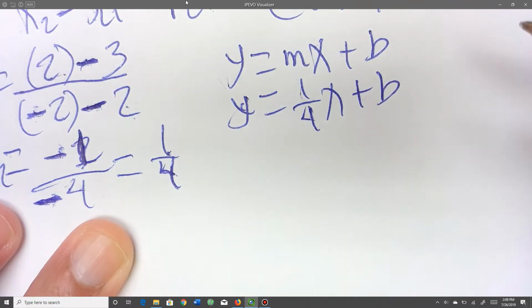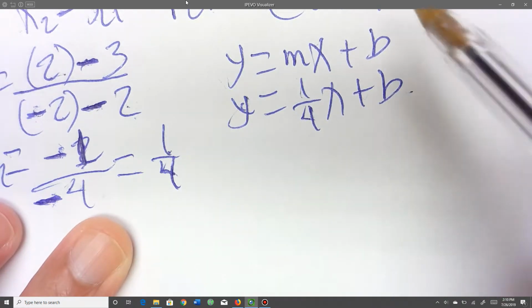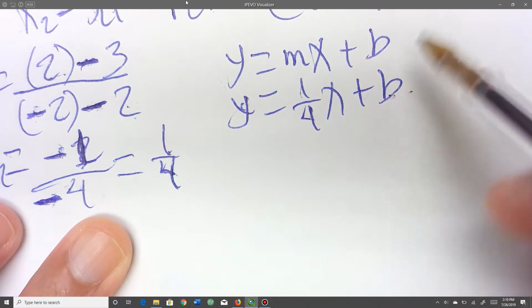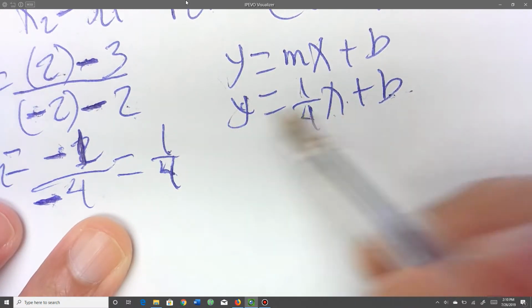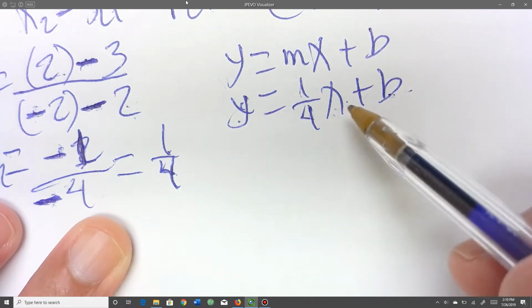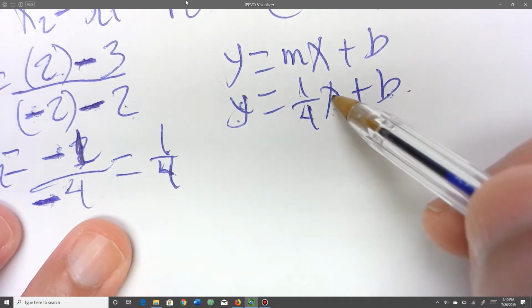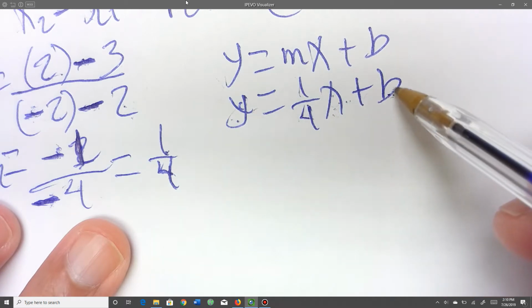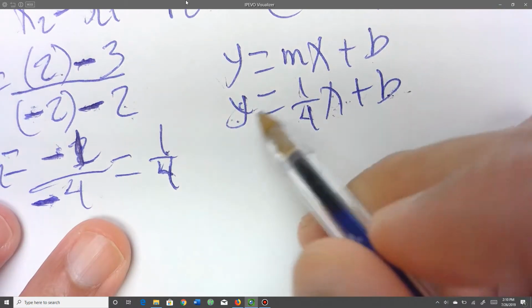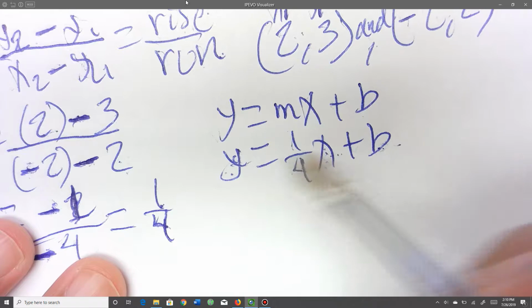I'm getting closer, which is good, because now all I have to do is find the b value. This y and this x stay in the equation; we don't do anything to those. So I can substitute values for x and y and solve for b, because that's the value I need to find. So how do I get the values for x and y?